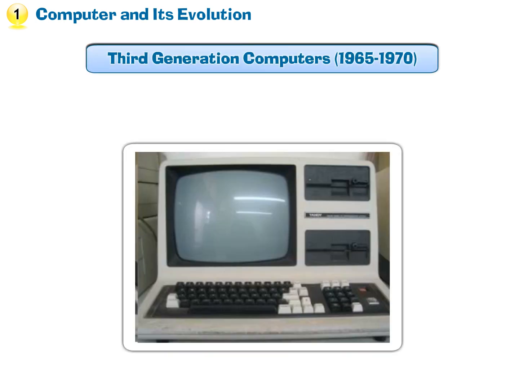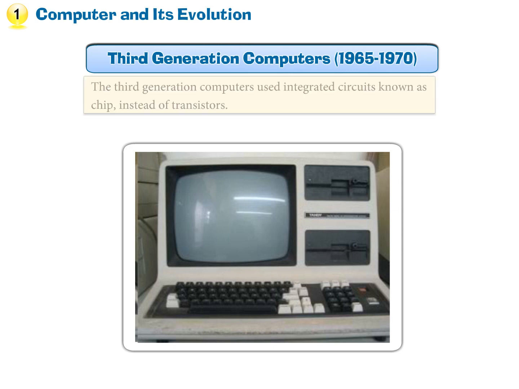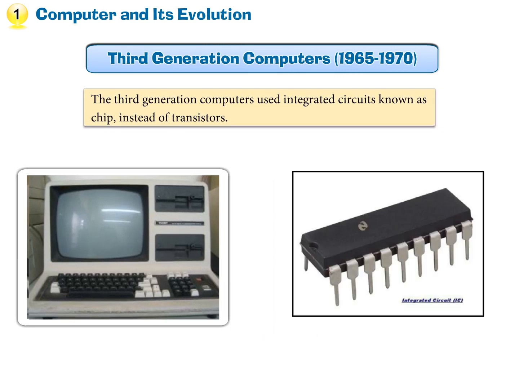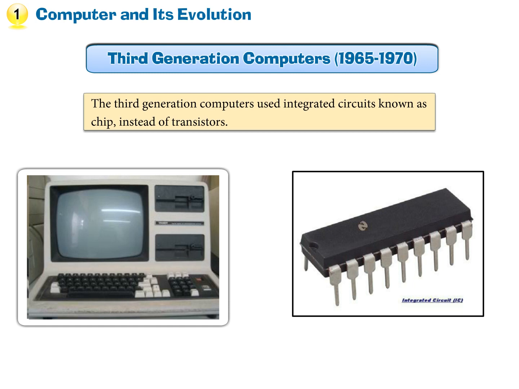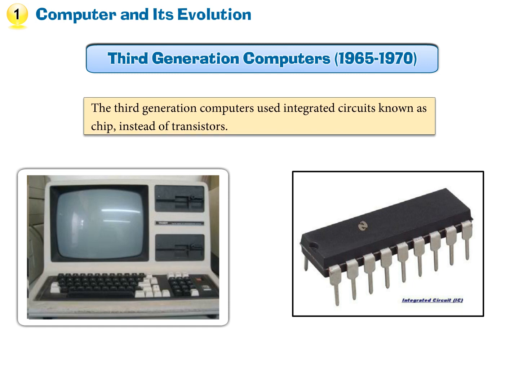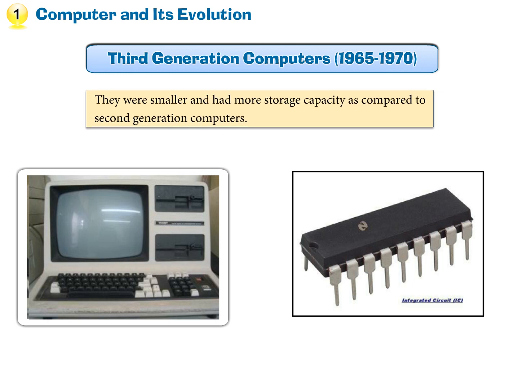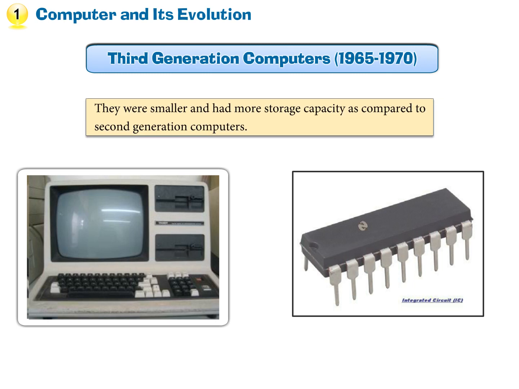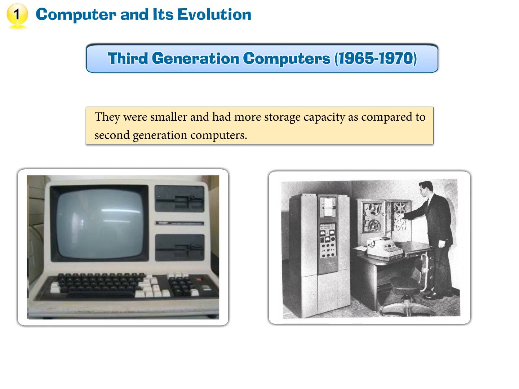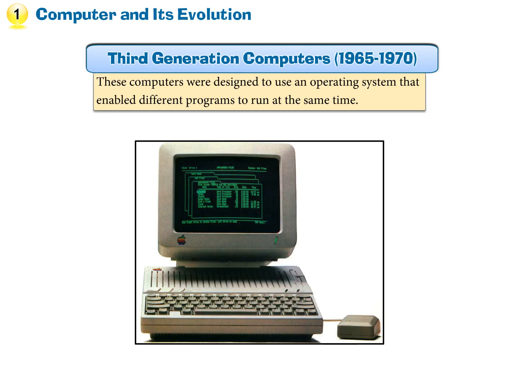Third generation computers, 1965 to 1970. The third generation computers used integrated circuits known as chips instead of transistors. They were smaller and had more storage capacity as compared to second-generation computers.